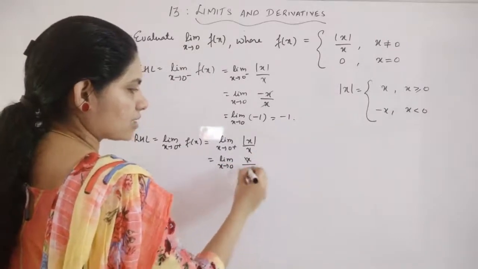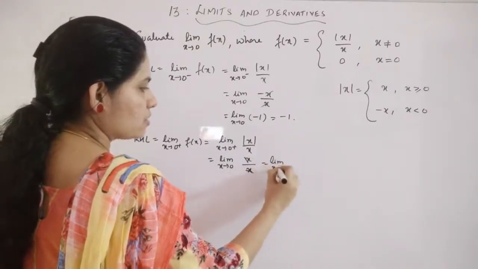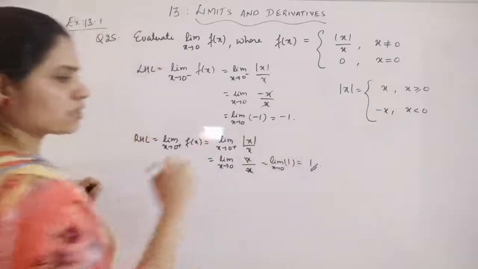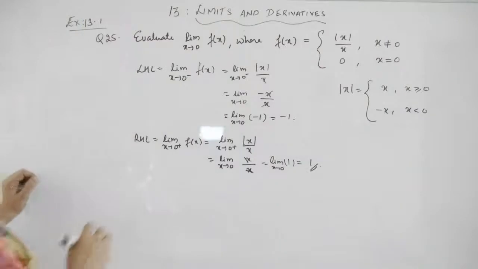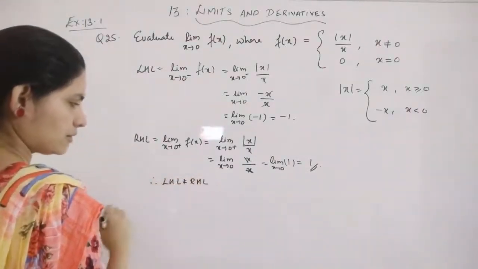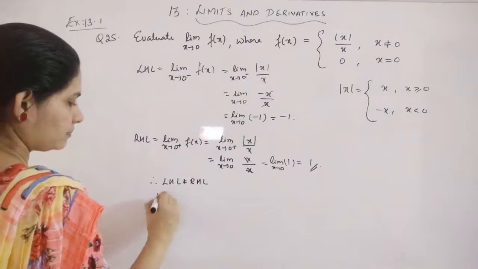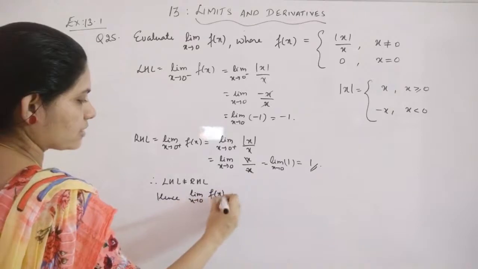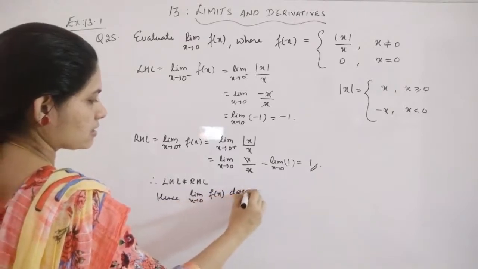So it is x by x, which gives limit x tends to 0 of 1. Again you don't have any x to be replaced, so the limit value is 1. Therefore you are getting left hand limit not equal to right hand limit. Hence limit x tends to 0 f of x doesn't exist.